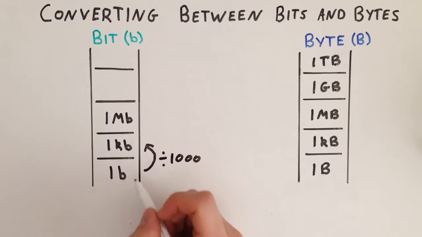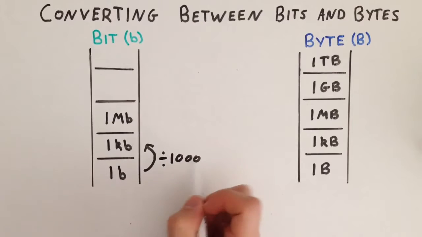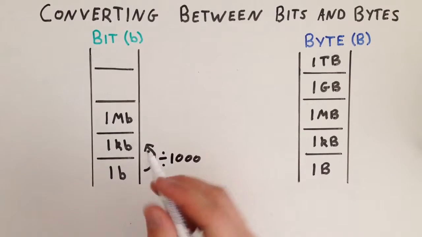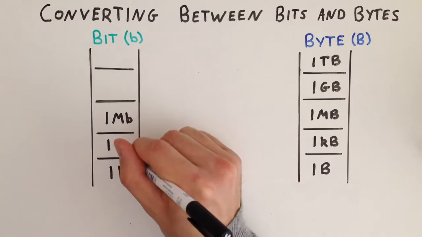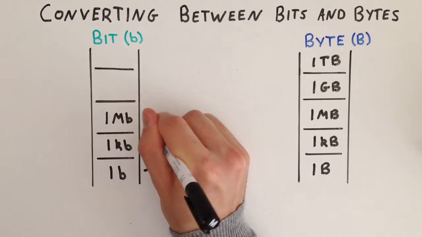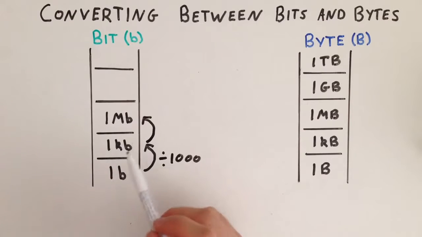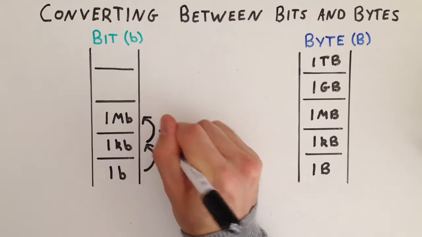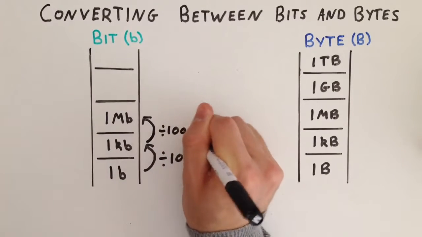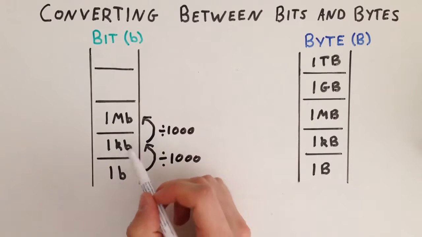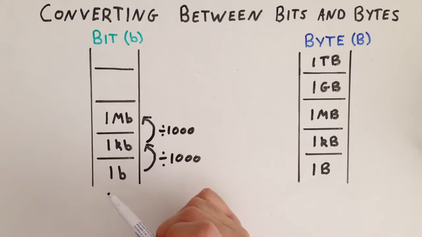So 1 bit equals 1 divided by 1000 kilobits. Again, if we want to go from 1 kilobit to megabits, we divide by 1000. So there are 1 divided by 1000 megabits in 1 kilobit.